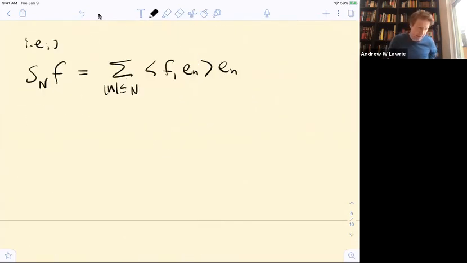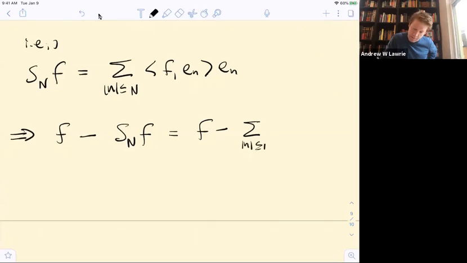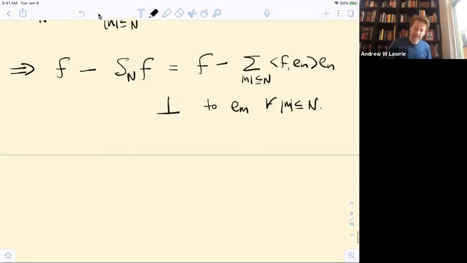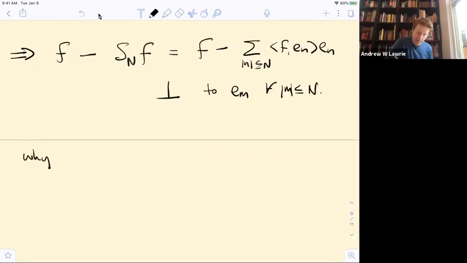Now that I've written the partial sums like this, note that this implies that if I consider this difference, which is equal to f minus S_N f, I claim this is perpendicular to e_m for every m less than or equal to N. Right? Why? How do I see this?